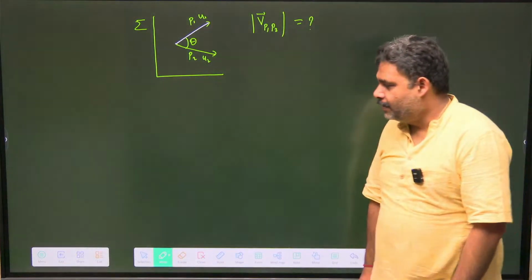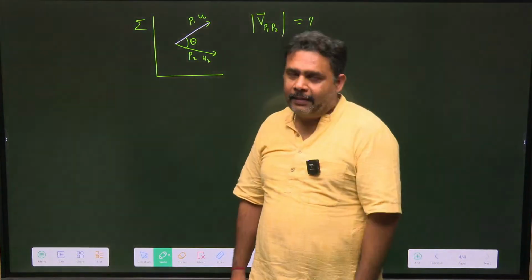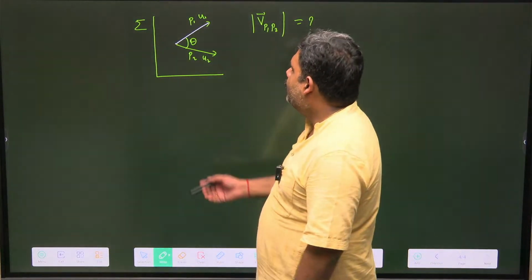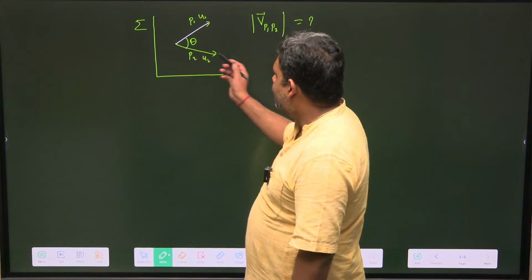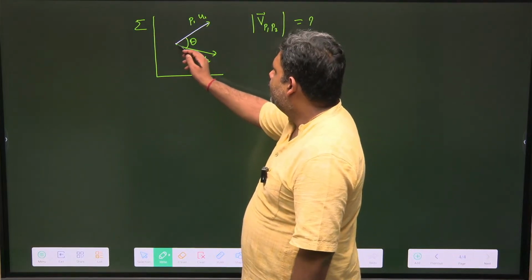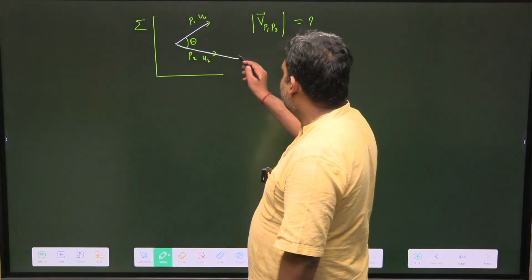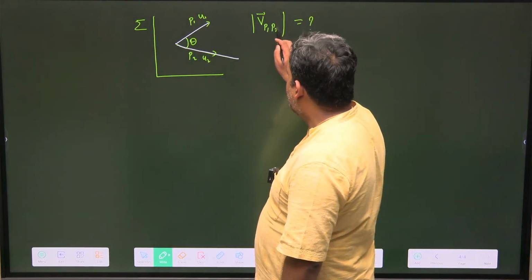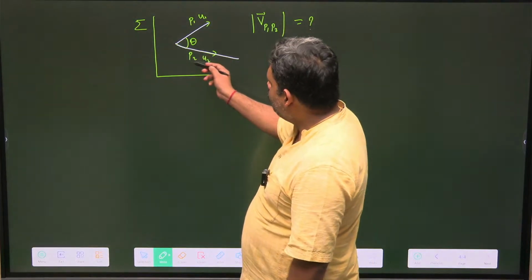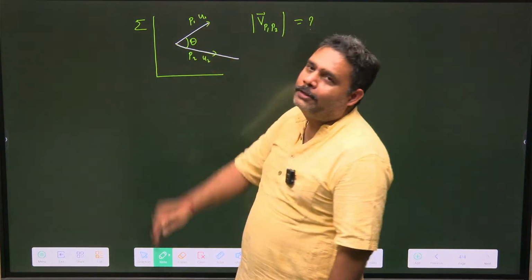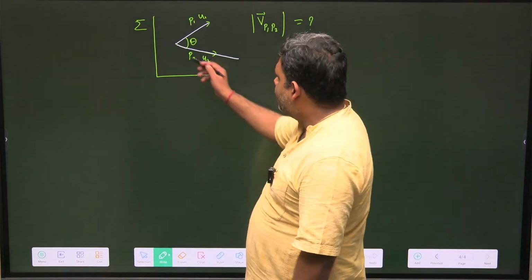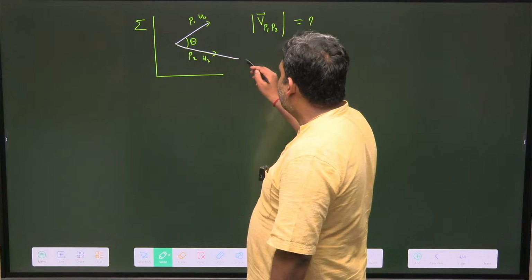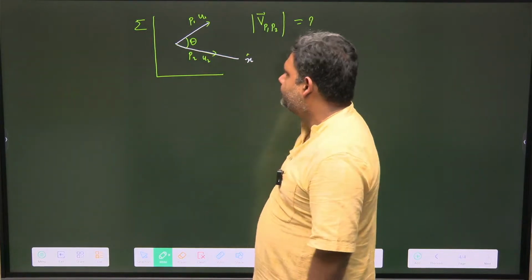Okay, just think. So now, what is idea? Idea is very simple. What I will do, I will just assume this is my x direction, because we have to calculate velocity of P1 with respect to P2. Means we have to sit on P2 and then we have to watch P1. So we are just assuming the motion of P2 is along x cap direction.